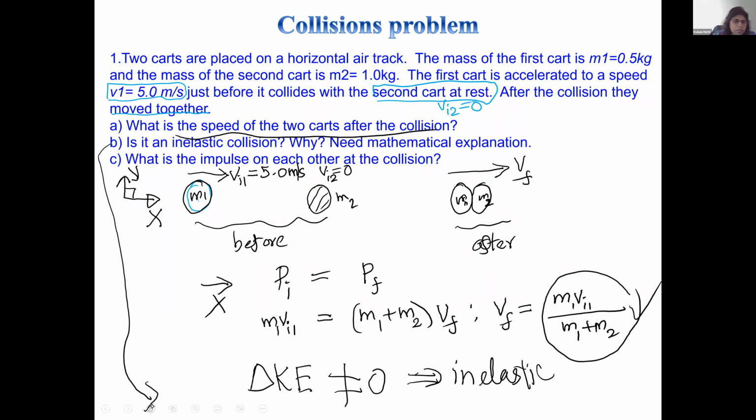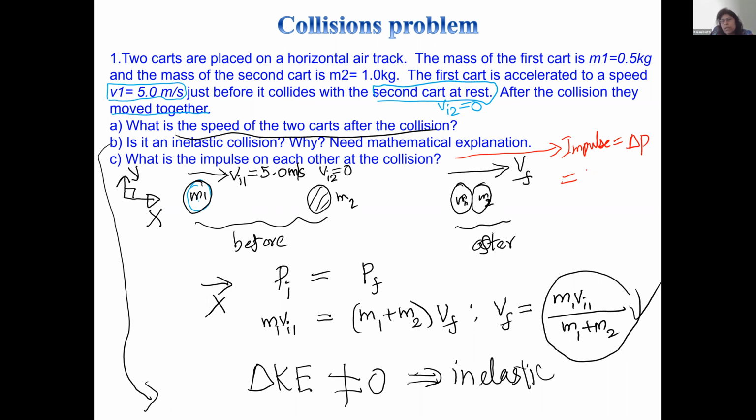I need some space in here, but I'm going to probably move into here. So I need to calculate the impulse of one object. You cannot calculate the impulse for both objects together. Impulse will be equal to, as we know, the change of momentum. I'm going to do it for the first object.